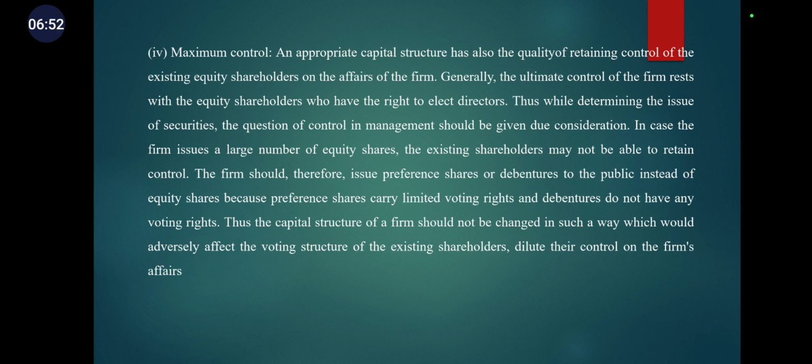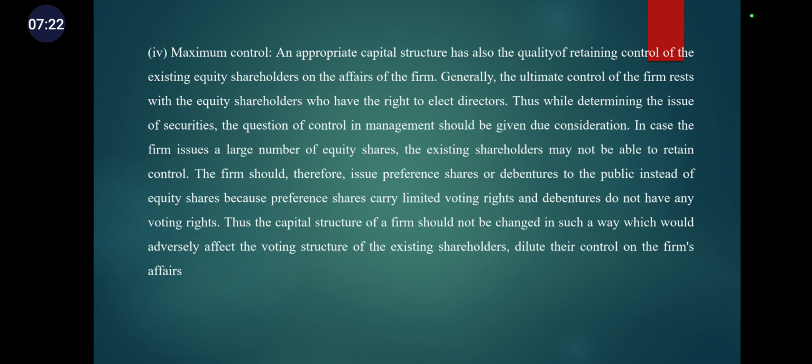Others will have some voting rights, but most of the rights lie on the shoulders of the equity shareholders. So the optimum capital structure of a company should not dilute the control of the equity shareholders. That is why the company will issue convertible debentures, with great caution and more attention.